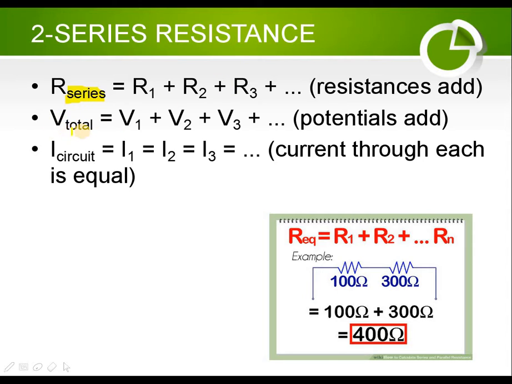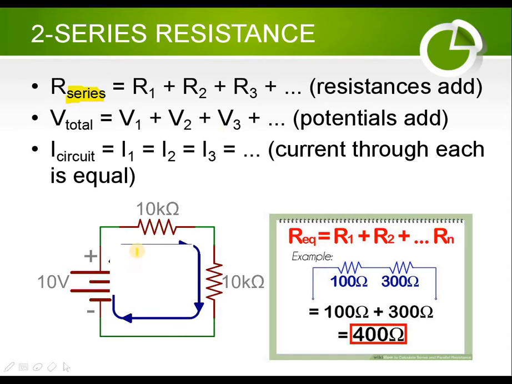For voltage, we have V1, the voltage across R1, the voltage across R2, the voltage across R3. In this example, this is R1 and this is R2, so the voltage across this one and the voltage across this one add up to the total voltage, for example 10 volts.